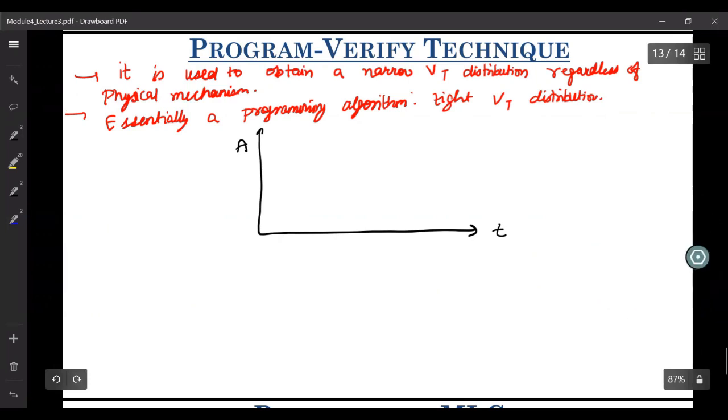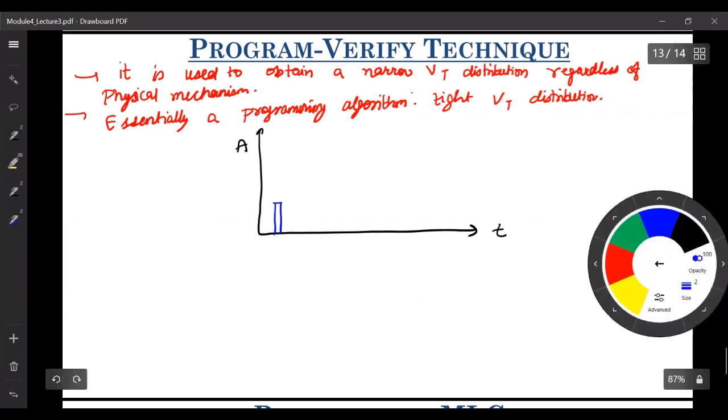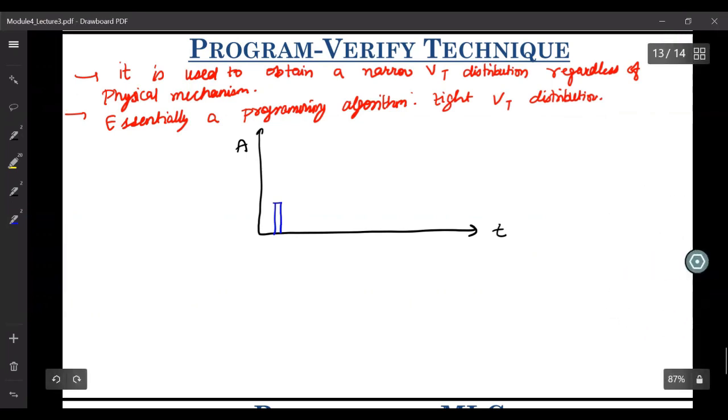So what happens here is, let's say you have to program yourself. You apply a positive potential on the gate to inject some charges onto your floating gate. Okay. Immediately after this, you apply a verify pulse.